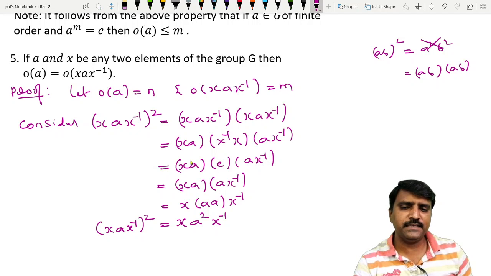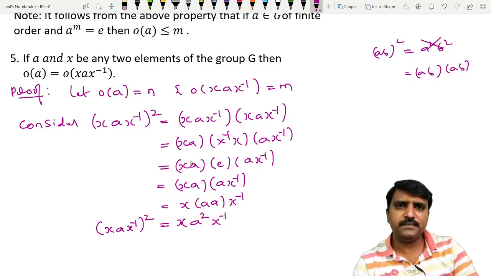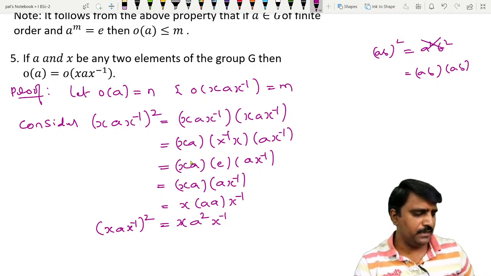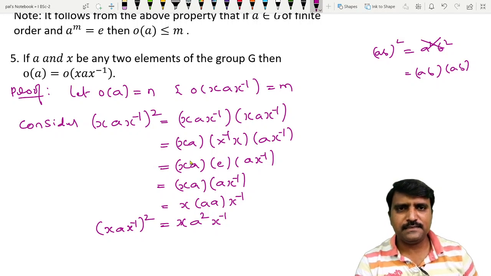Suppose you take x a x inverse cube, then x a cube into x inverse we can write. By using similar steps, we can write x a x inverse whole cube as x into a cube into x inverse. Like that, we can generalize this result.